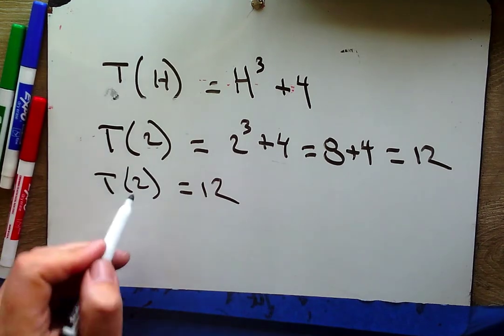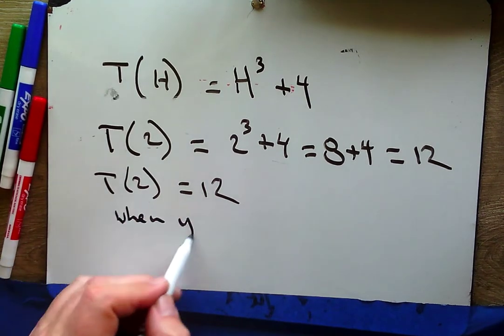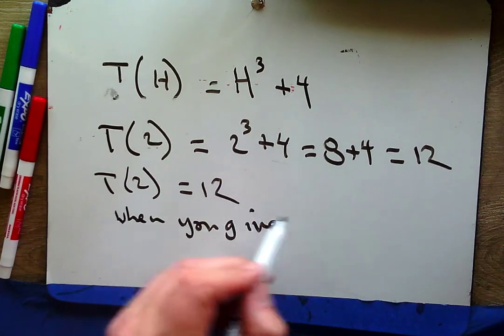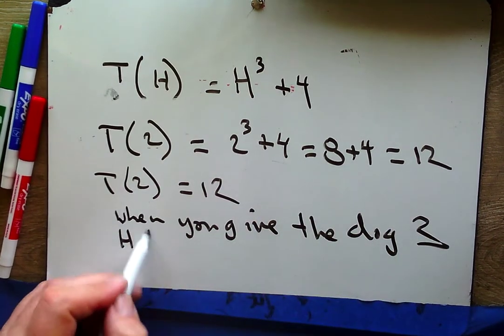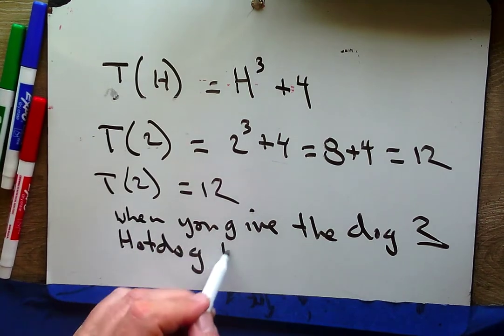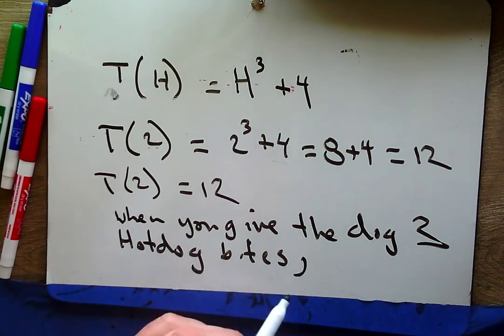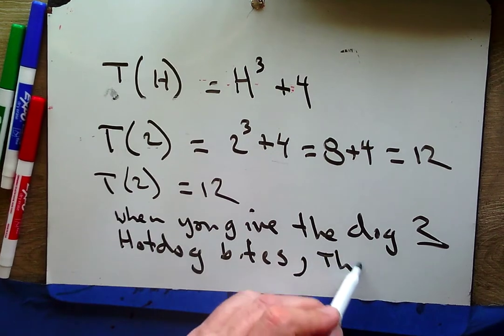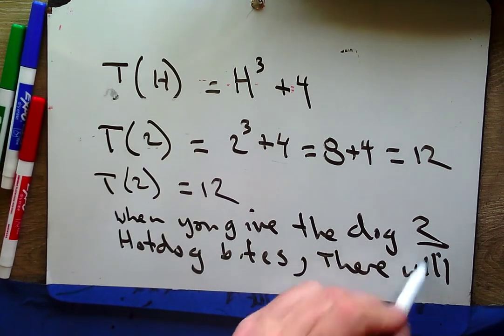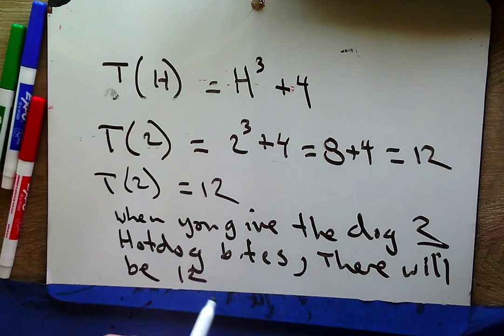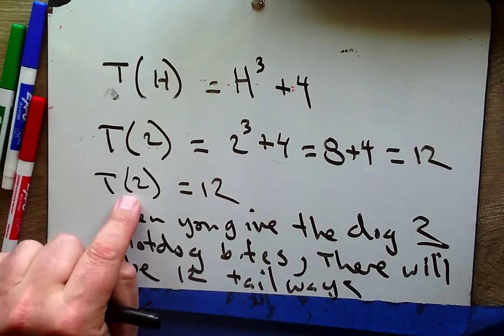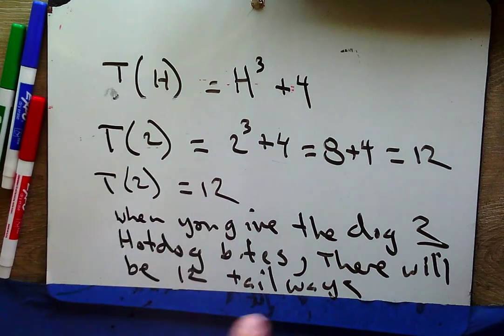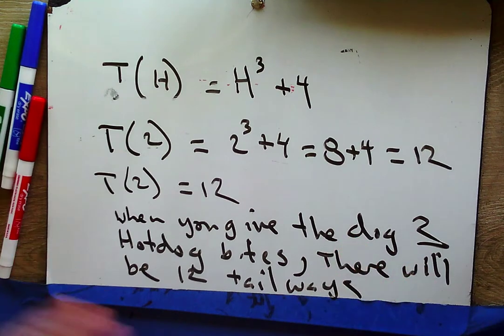Well, we know when you give the dog 2 hot dog bites, there will be 12 tail wags. Input is hot dog bites, output is tail wags. Okay, so that's understanding that.